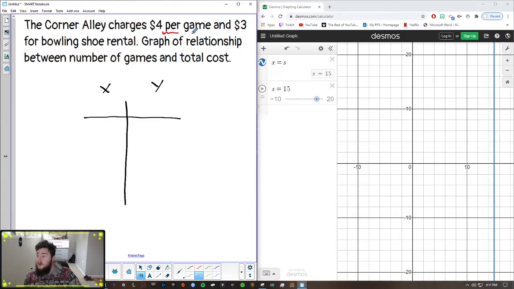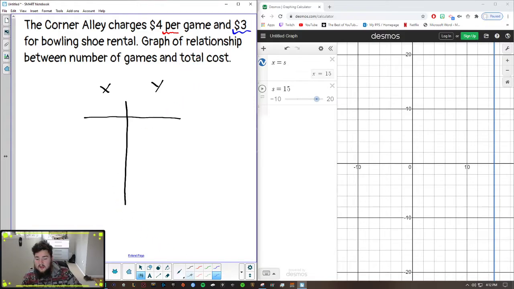So the number of games that we play is going to change. We might play 1 game, 2 games, 3, 4, 5. We could play any number of games. Whereas our 3 is how much it costs for bowling shoe rentals. That's something that we're only going to do one time.